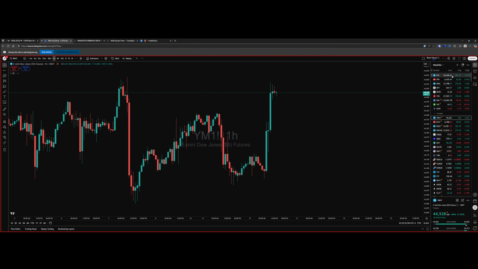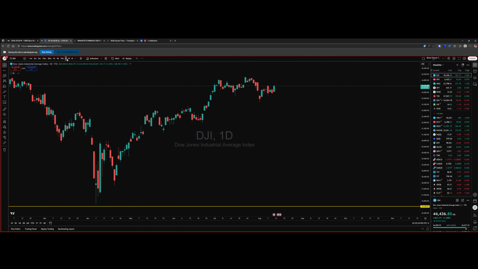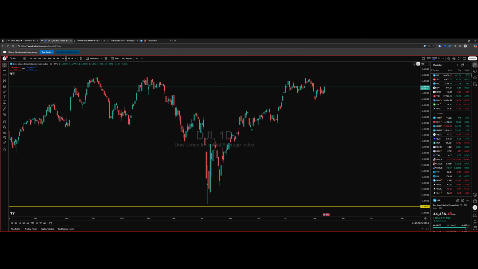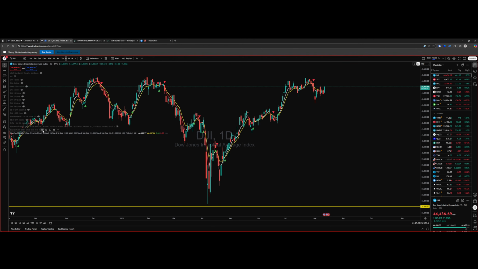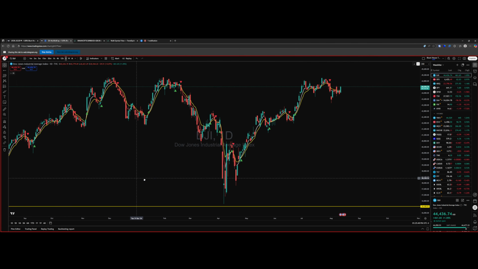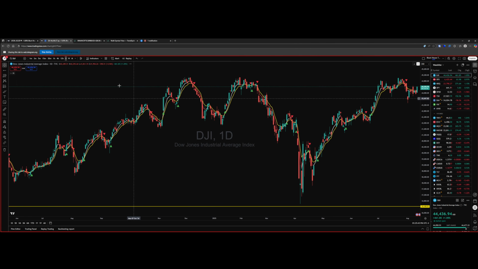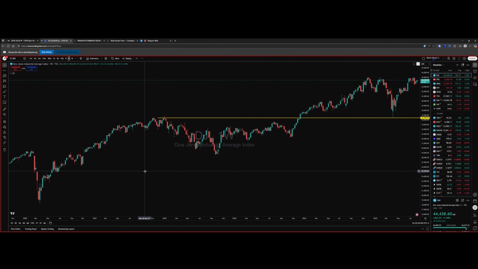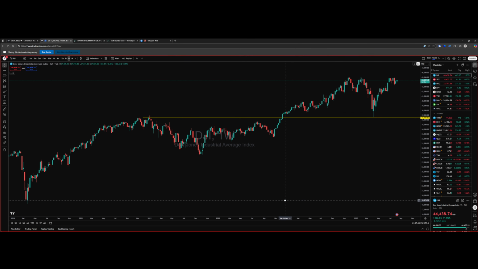Do I believe, or am I comfortable, maybe that's a better word. Take the volume profile off. This is the Dow Jones. The daily chart, here's the monthly chart, or sorry, weekly chart. And obviously there's a reason that that line is there, but don't worry about that.